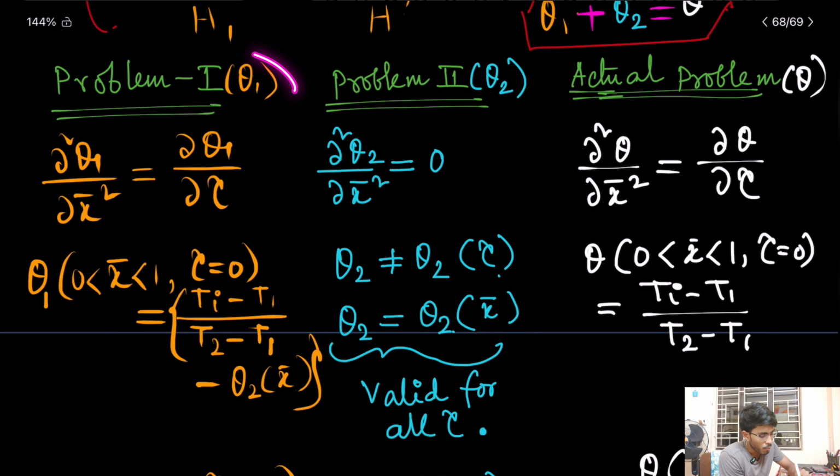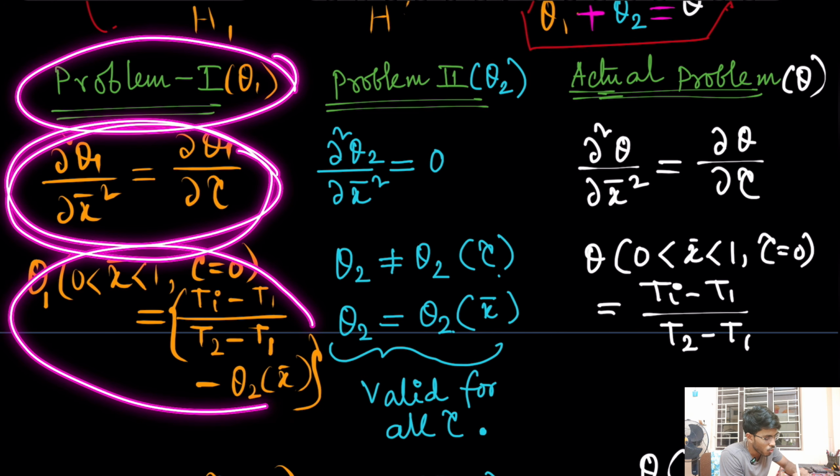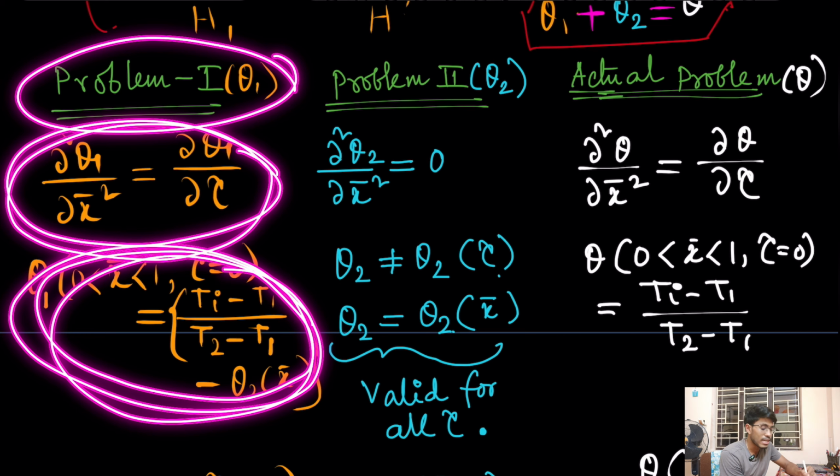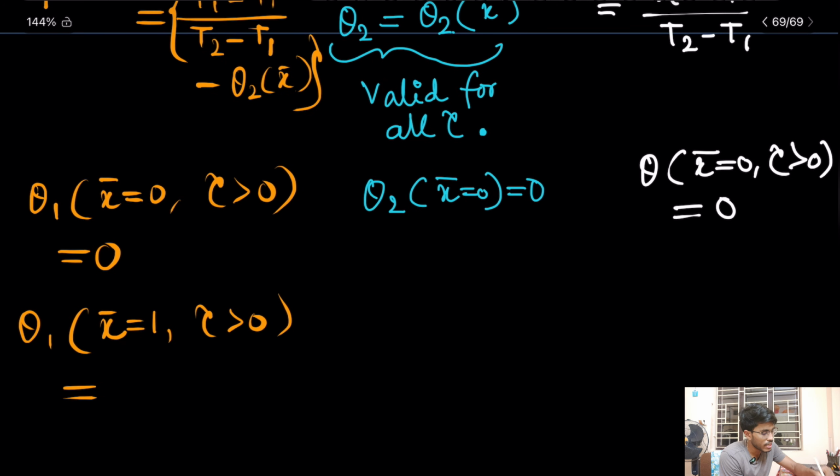So in problem 1, I have one homogeneous equation and one inhomogeneous equation already. So I cannot have one more inhomogeneous equation. So here I cannot write 1. So here I must have 0. Either I have to have 0 or I have to have some function f of theta 1.